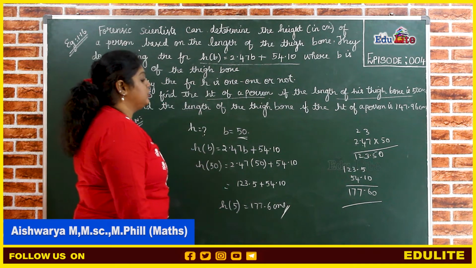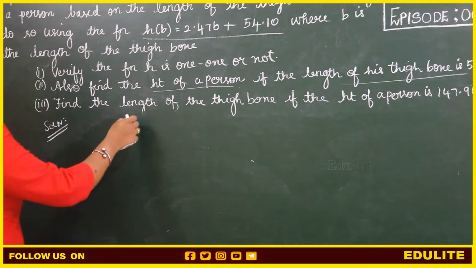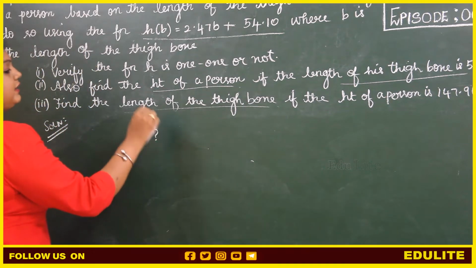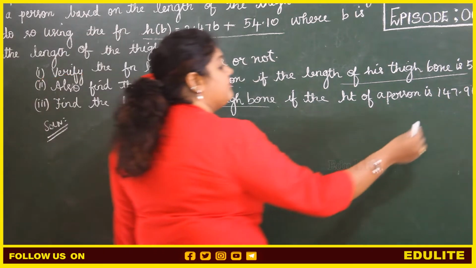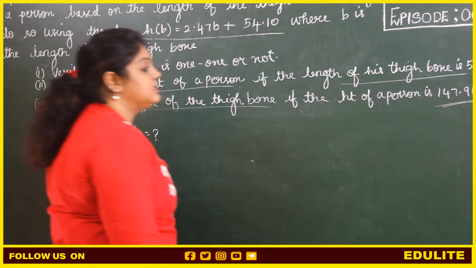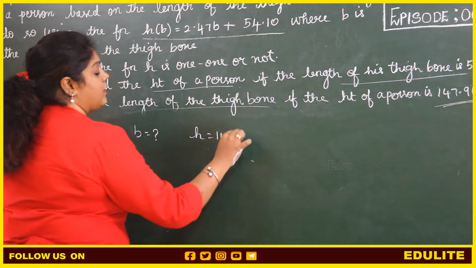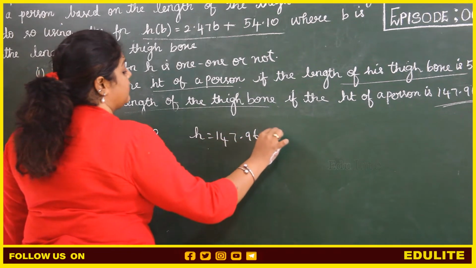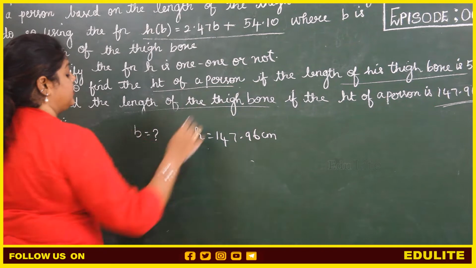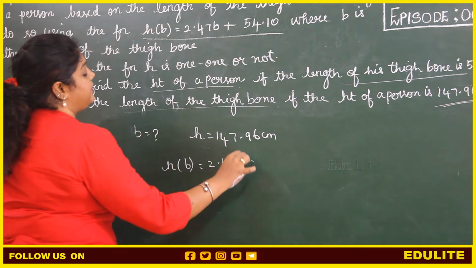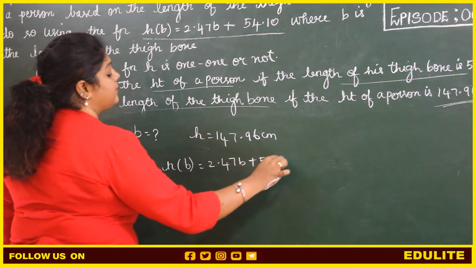Third option we will move on to. In the third option, we are asked to find the length of the thigh bone, which means we are asked to find the value of b. For that, we are given the value of h equals 147.96 centimeters. For that also, we will consider the same function. H of b equals 2.47 b plus 54.10.